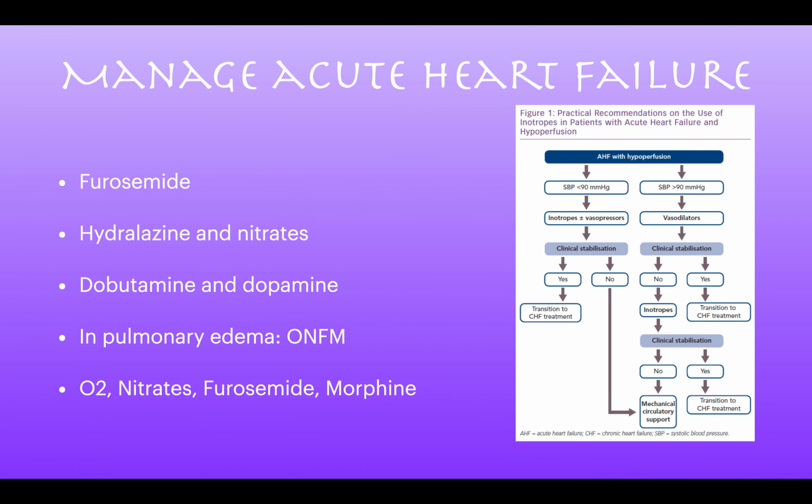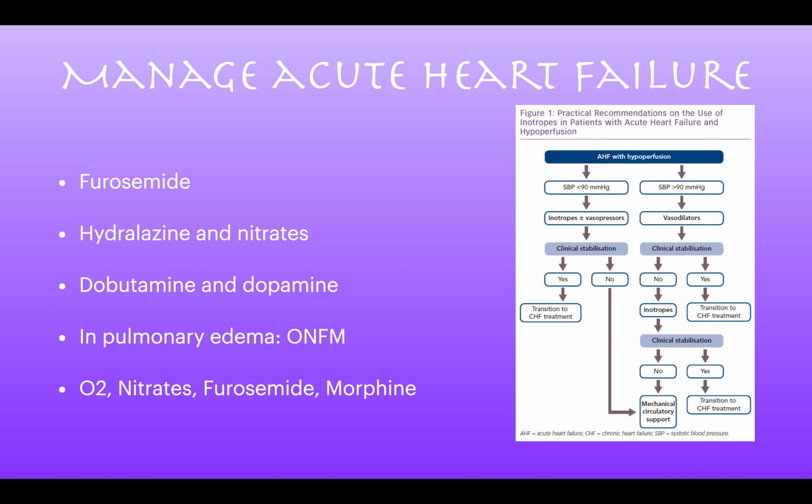So how do we manage it? We want to give them a diuretic such as furosemide first, along with hydralazine and nitrates as a vasodilator and venodilator, dobutamine and dopamine in order to manage the heart rate or the vasodilation.